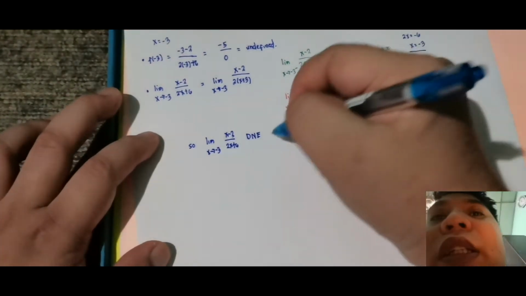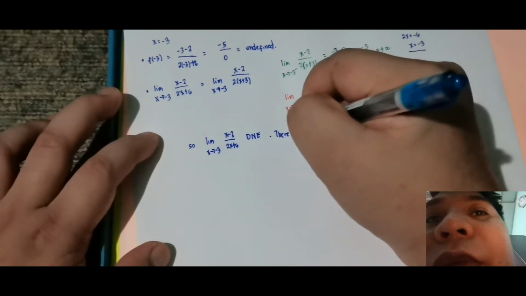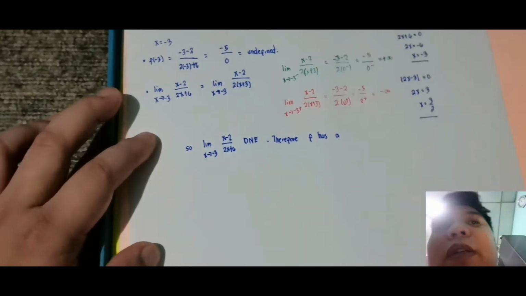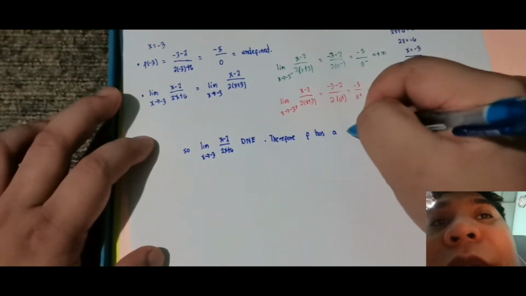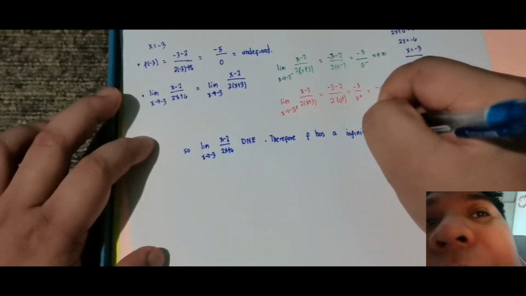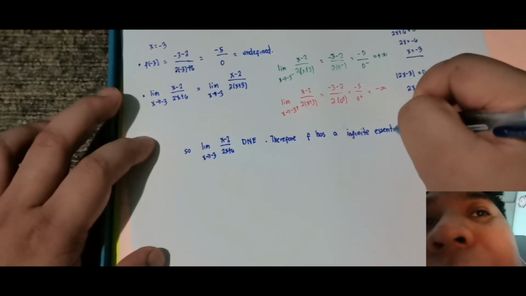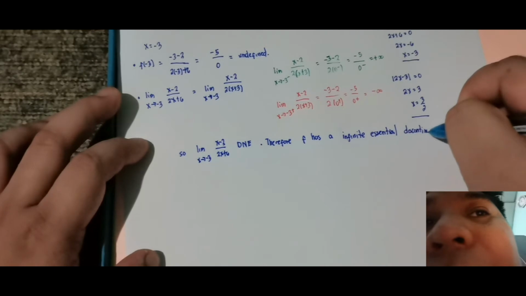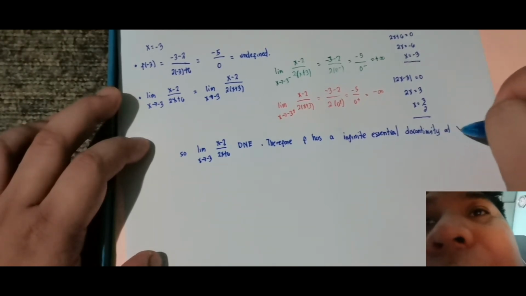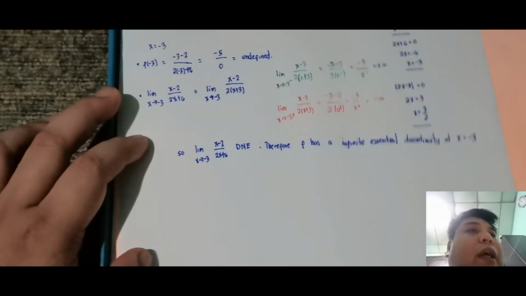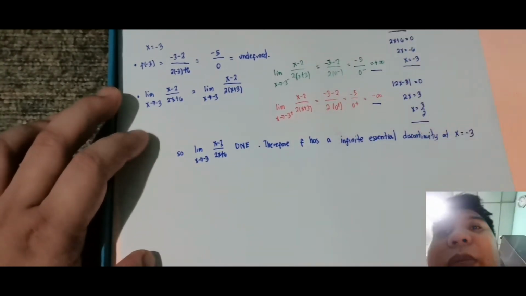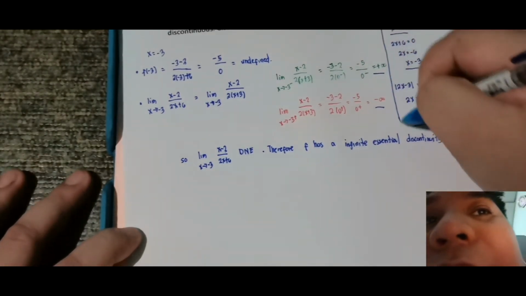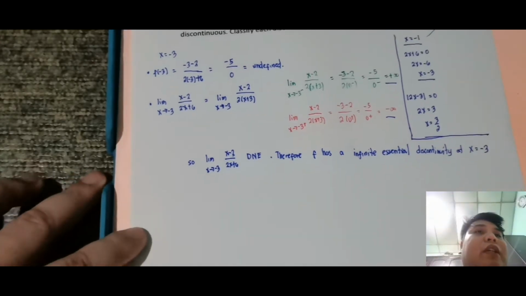Okay, since hindi nag-exist, therefore f has an infinite essential discontinuity at x is equal to negative 3. Bakit? Kasi nga may positive infinity at negative infinity na lumabas from the left and from the right niya. Okay, so lagyan ko nito ng konting guhit para hindi nakakalito. Okay, so ganun yung una.